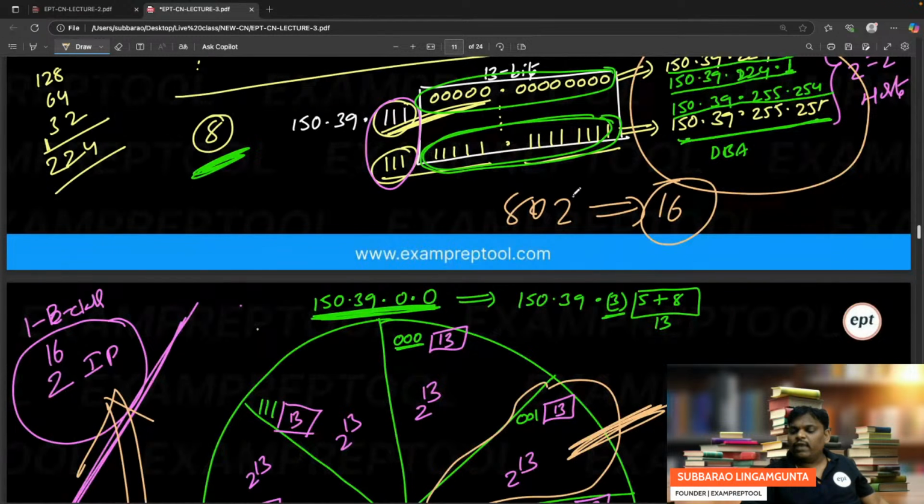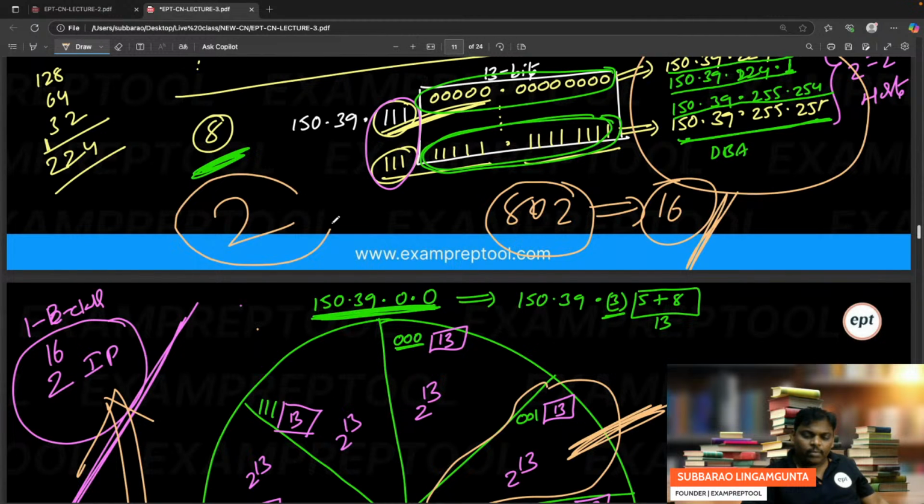So everywhere 2 addresses, 8 times, 16 in total. Before only 2, now 16. 14 will be wasted.